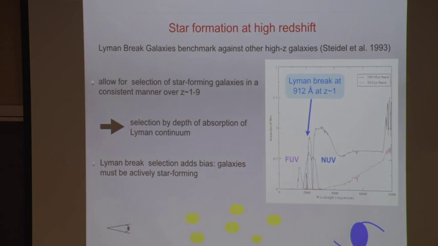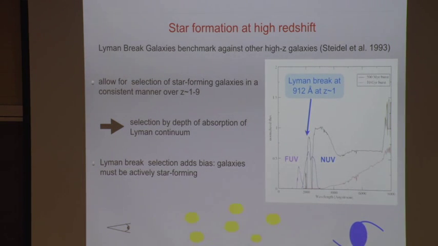But maybe the most successful method to actually select high redshift galaxies is the so-called Lyman break method. It selects galaxies which show a break in the spectrum.